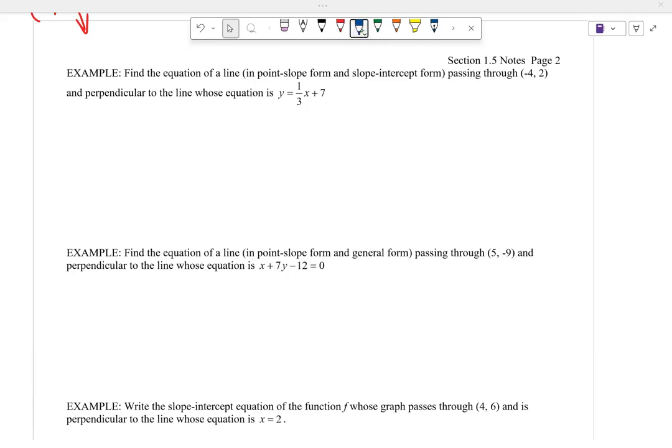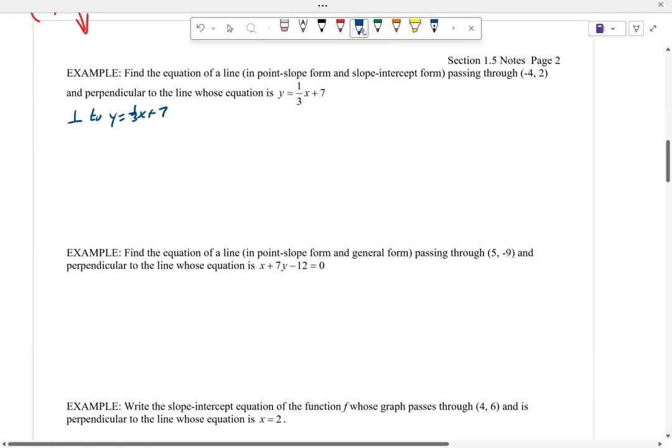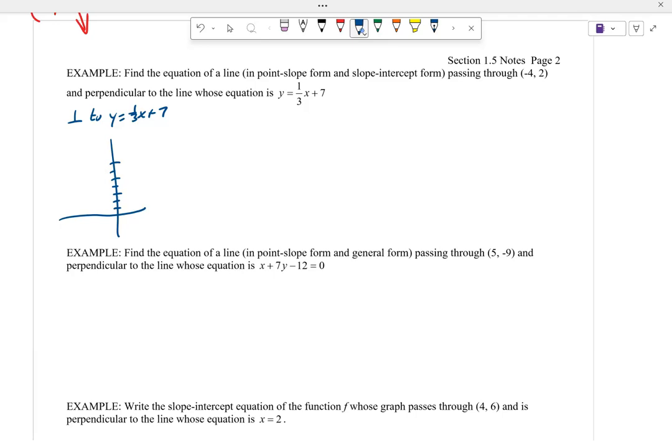Well, let's take a look at this next one. We'll find the equation of a line that goes through (-4, 2), but it's perpendicular to y = 1/3 x + 7. Let's draw this 1/3 x + 7. I've got a y-intercept of 7.